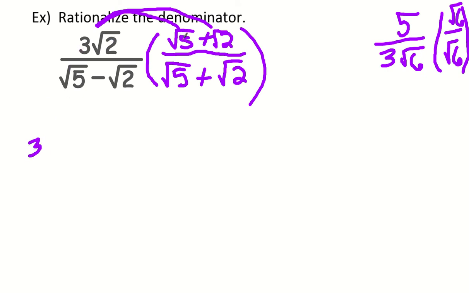And then root 2 times root 5 is root 10. And then 3 root 2 times root 2, well, once again, the 3 doesn't have anything to multiply by, but root 2 times root 2 is just going to be 2. Or again, if you want to think of it first as root 4, but root 4 is just 2.